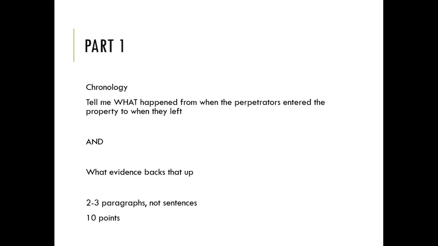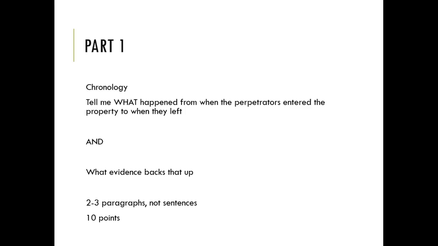No. What this is to look at the crime scene and tell me or explain to those reading this report how the crime progressed chronologically. So start where the perpetrator entered the property. Where did they go next? What did they do after that? When did they meet Brittany? What happened when they met Brittany? How did they leave the property?